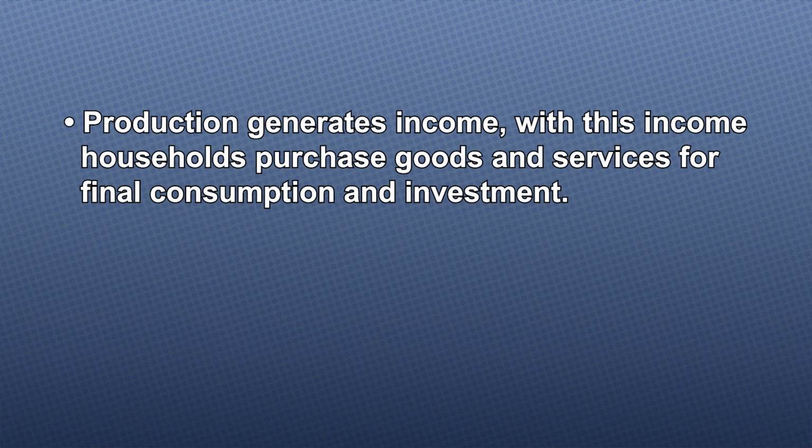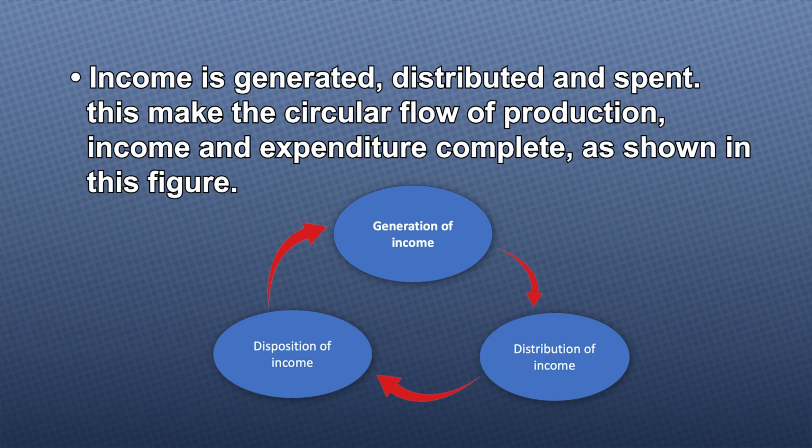In other words, production generates income, with this income households purchase goods and services for final consumption and investment. In this way, income creates expenditure. So, income is generated, distributed and spent. This makes the circular flow of production, income and expenditure complete as shown in this figure.